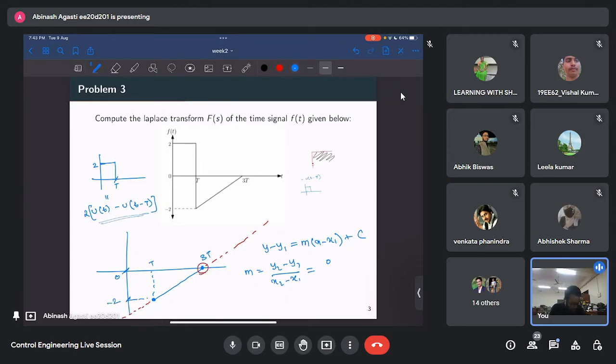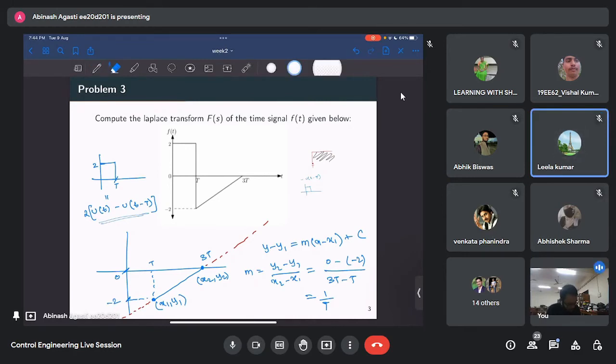Say this is x2 y2, this is x1 y1. So y2 minus y1 is how much? 0 minus minus 2, and x2 minus x1 is how much? 3t minus t. So we have 1 by t. This part is clear. The slope of the line is 1 by t.